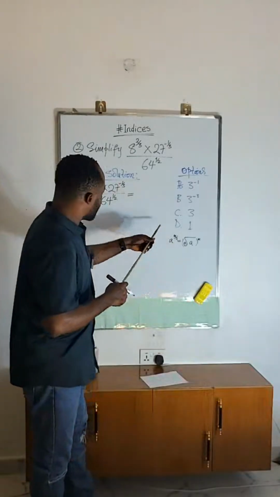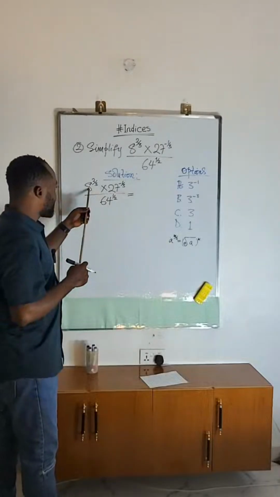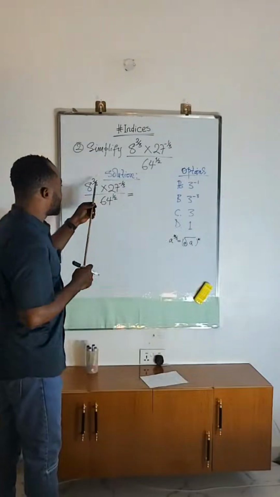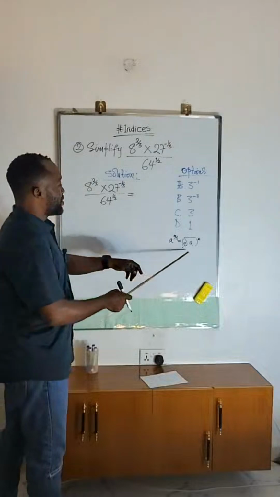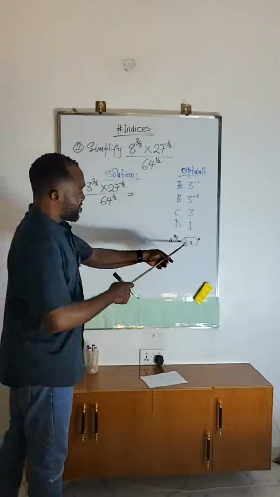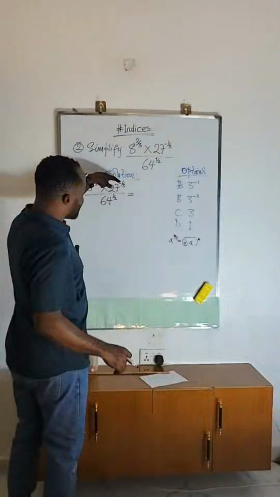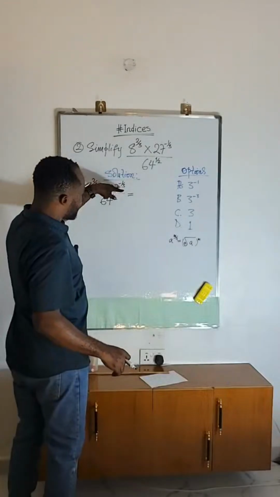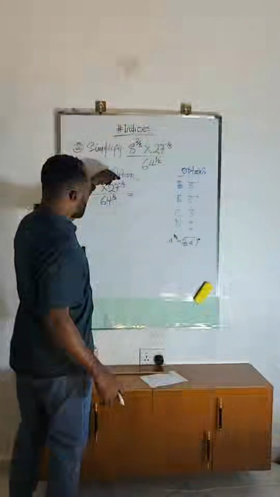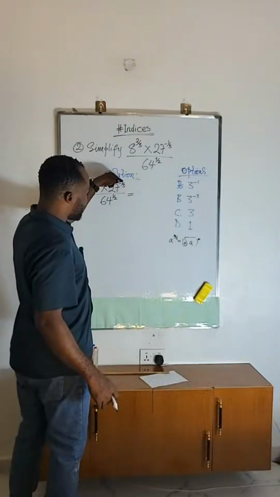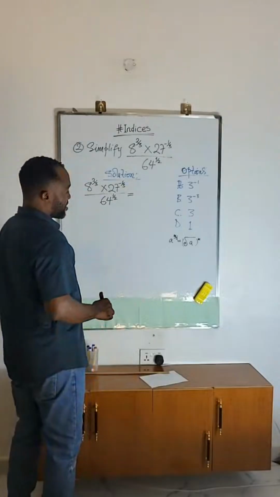Here, a is 8, m is 2, and n is 3. If you compare the other one, you will see that n is 3 and m is 1. And then the minus 1, we can just make it a reciprocal.